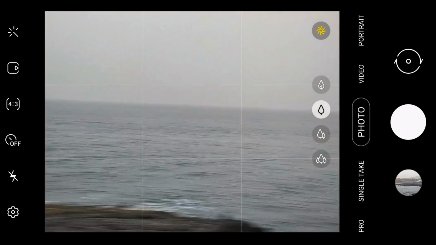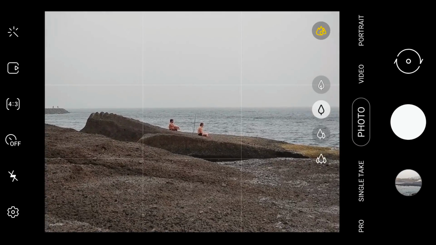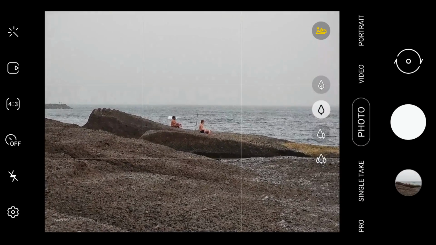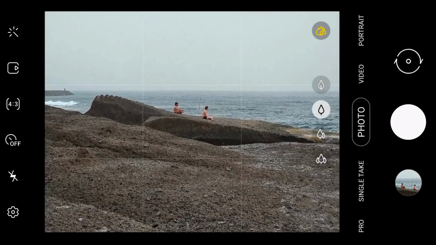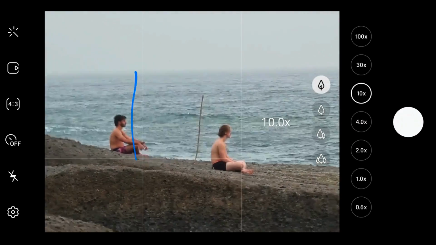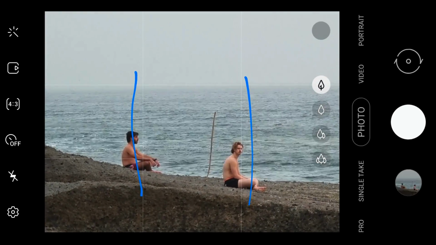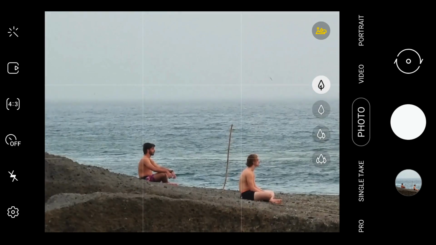So like here I have another example with 2 guys sort of meditating whilst they're fishing. And usually, you take the phone out of pocket, eye level height, and just take a shot. And I'm using a different lens for this, and as you can see, my subjects are actually at the thirds here, and I'm using the top grid line here for the horizon, so matching that up with the horizon.